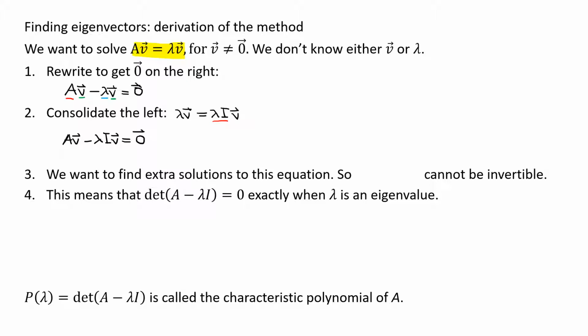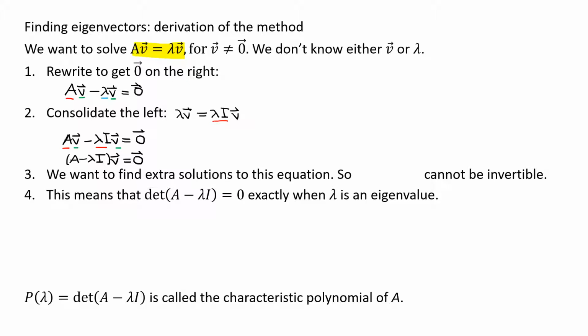I now have my vector v on the right in both terms, and I also have matrices A and negative lambda I on the left. So I can use the distributive property to rewrite this as A minus lambda I times v is equal to the 0 vector. Essentially, I am factoring out this vector v.